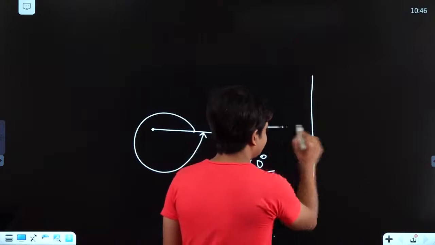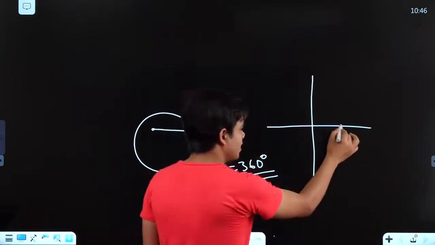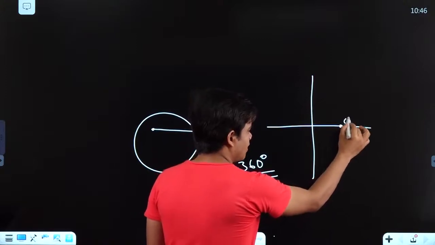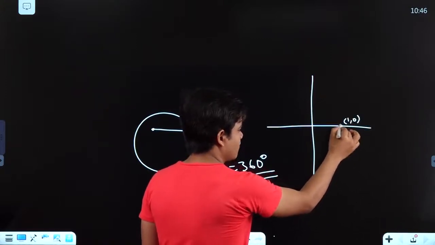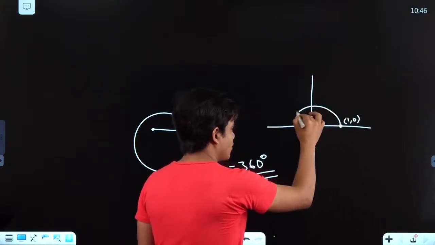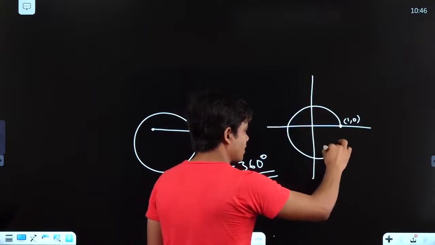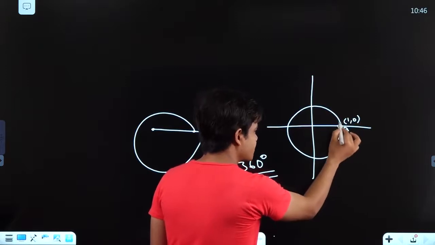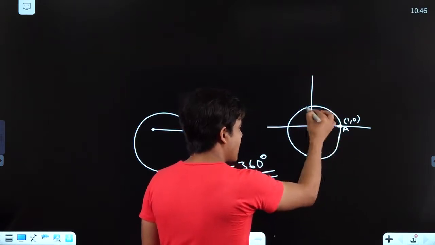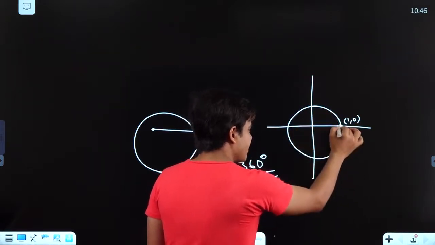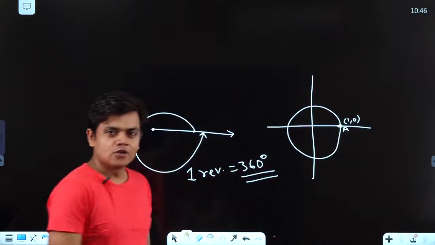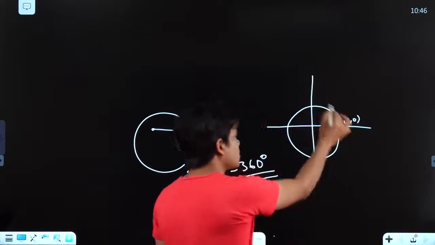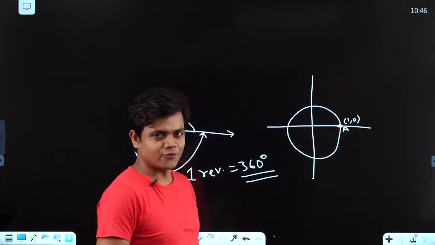What was that? Think if this is a circle. So take this point (1, 0) as the initial point. This is a complete circle, means we have started from this point and again we have reached at A. So if I ask you what is the total arc length, then what shall you say?